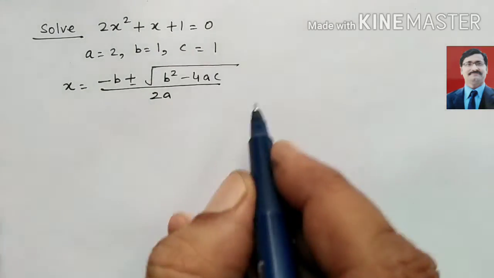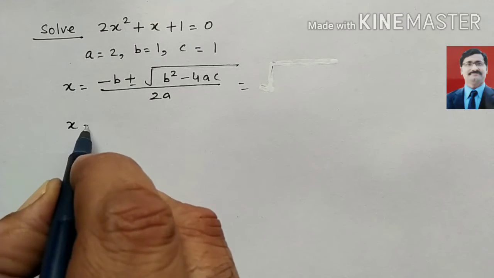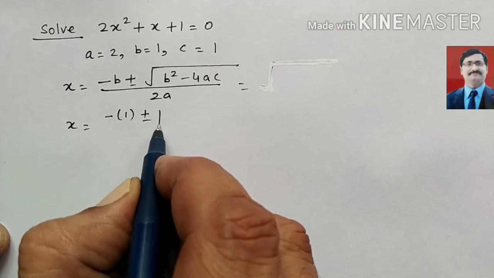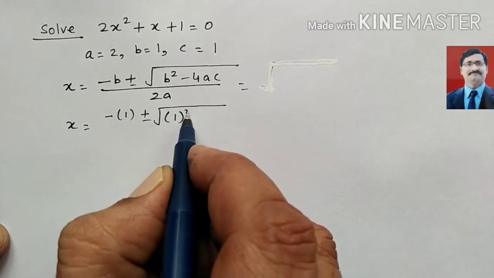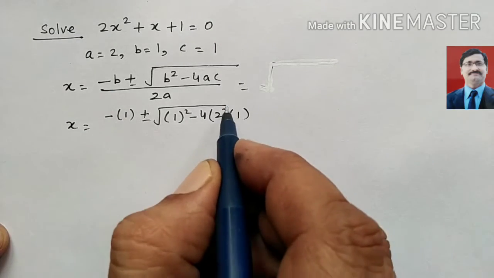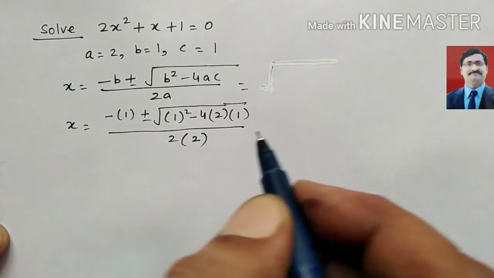In this formula you have to put the values. We put b is 1, so you put 1 plus minus root of b square, meaning 1 square, minus 4 times a, which is 2, times c, which is 1, and upon 2a, where a is again 2.